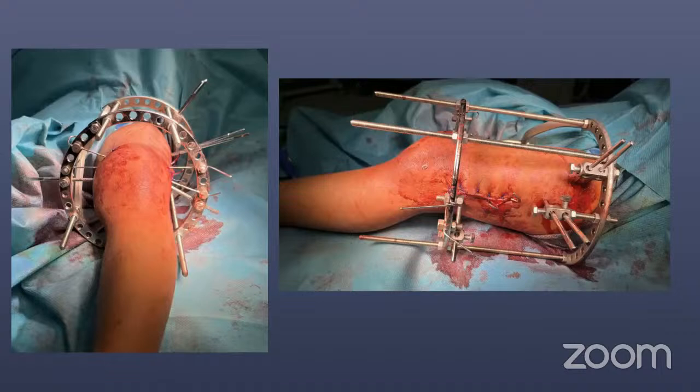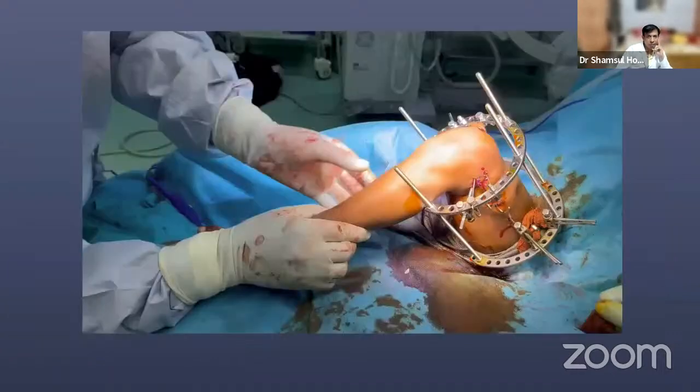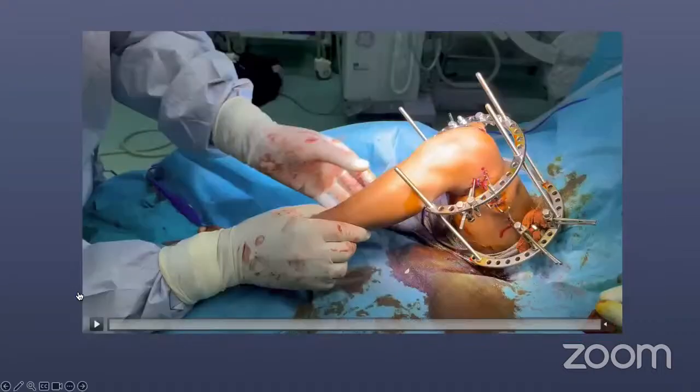Next. And these are the figures showing the correct placement of the pins and wires, how they should be put in. Next. And as these pins and wires, this is a video actually.